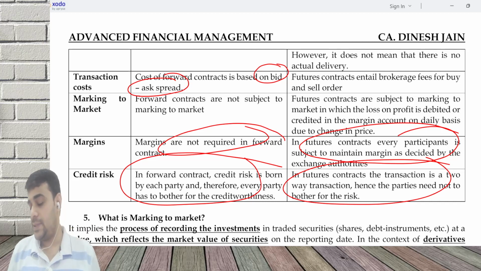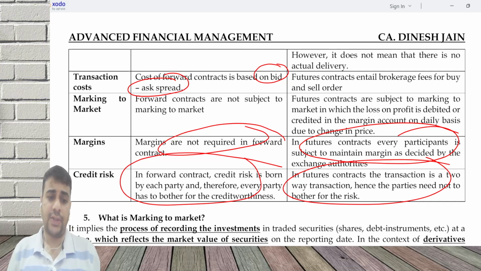In maintenance margin and initial margin, we were calculating how much we should replenish the margin account, or how much we should withdraw from it. In marking to market, at the end of every day, you calculate the profit or loss, and this profit or loss is debited or credited to the margin account, so that adequate money is available in the margin account.